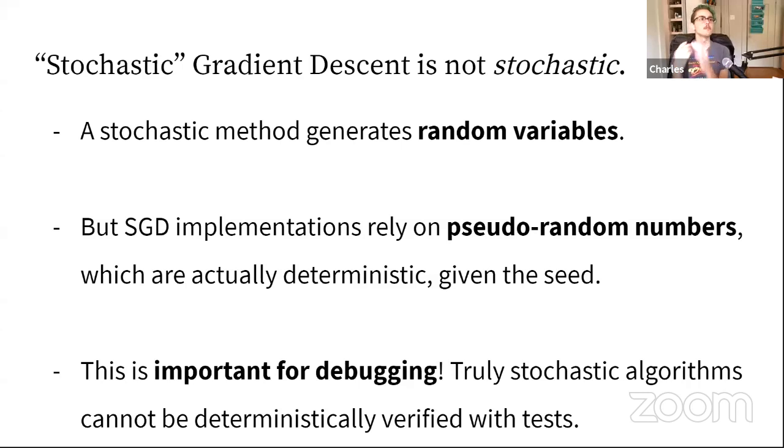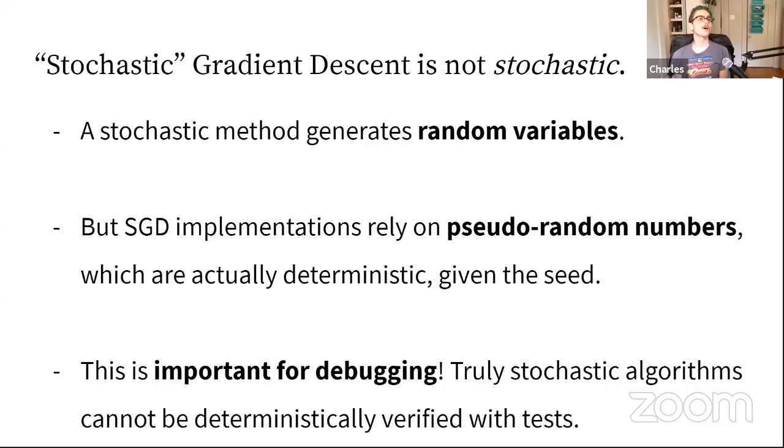So this is important for a couple of reasons. And the biggest one is that it's important for debugging. Because the algorithm is deterministic, we can recreate it and we can interrogate it at a later point in time, the same way we can any other deterministic algorithm in a computer. So we can do unit testing, we can search through and use print statements to pull out variables and look at what their values were.